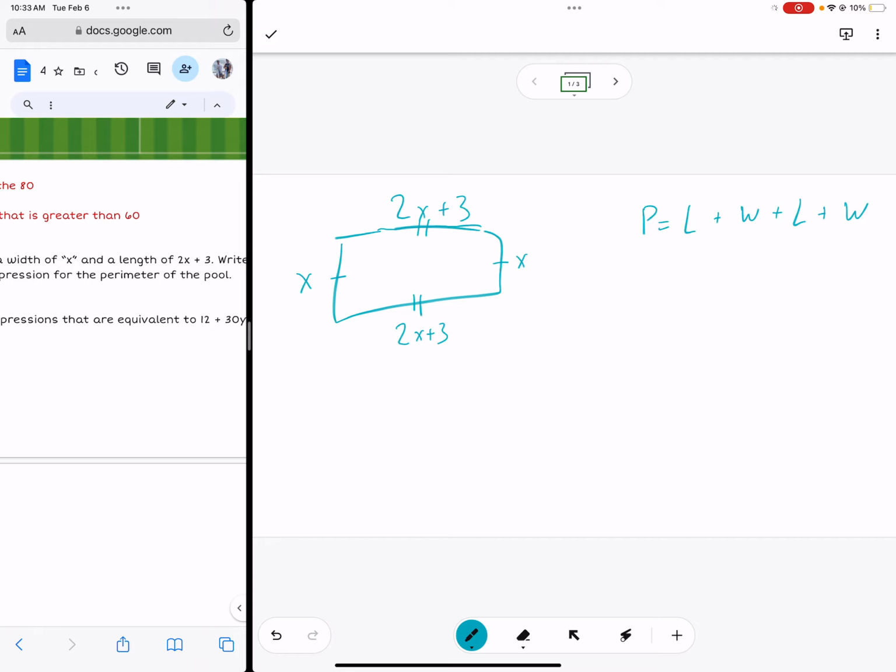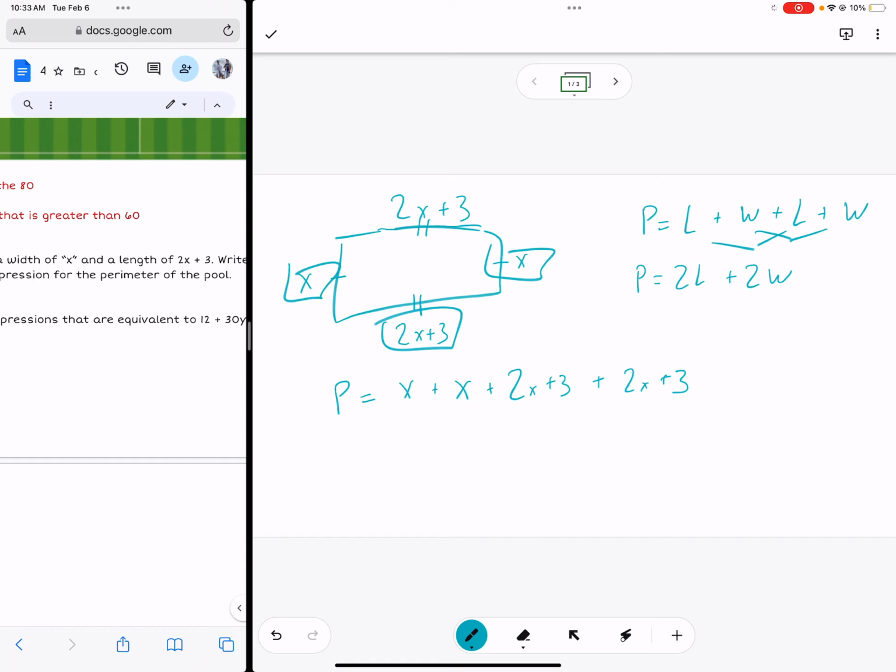So perimeter can also be expressed this way, 2L, because you can combine like terms, plus 2W. So perimeter can be looked at different ways. But if I go ahead and say perimeter equals x plus x, so I've got my right side and my left side, then I add 2x plus 3 here, and then I add 2x plus 3 up here.